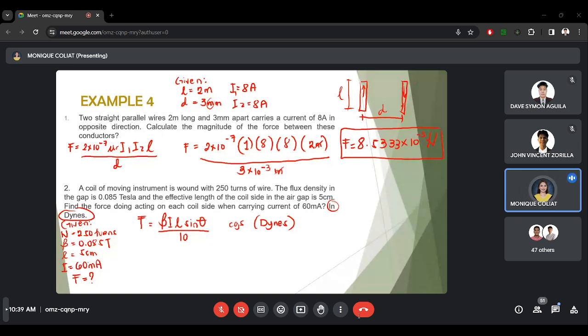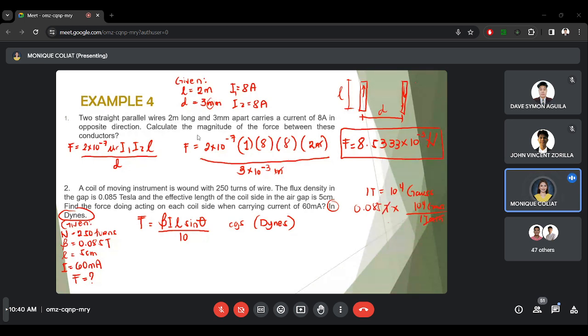So this flux density, you have to convert it in Gauss, right? So Tesla to Gauss, 1 Tesla is equals to 10 raised to 4 Gauss. So we have 0.085 Tesla times 10 raised to 4 Gauss over 1 Tesla.